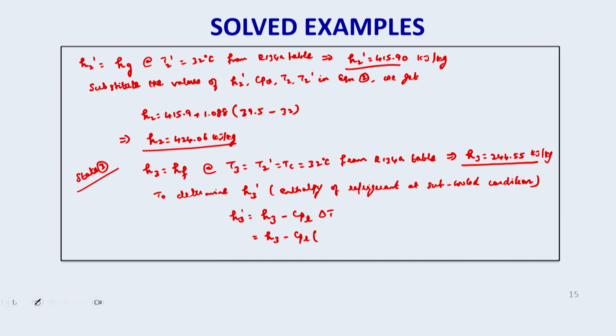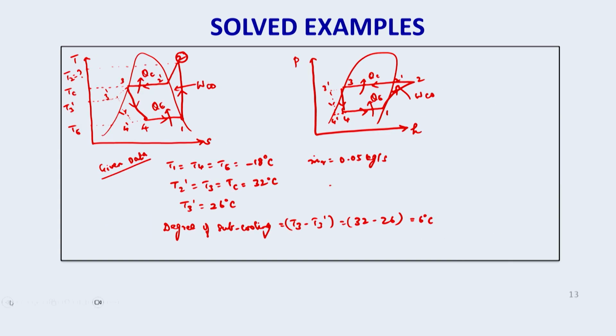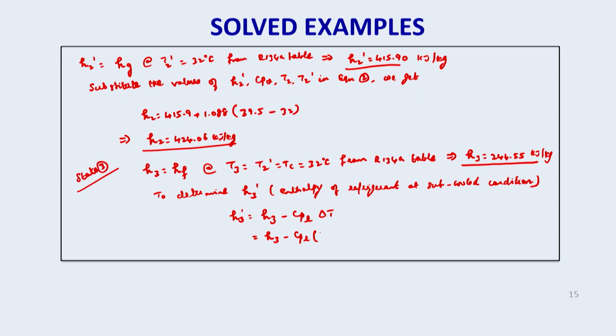Delta T, see the diagram, the degree of subcooling is from T3 to T3 dash. This is delta T, T3 minus T3 dash.